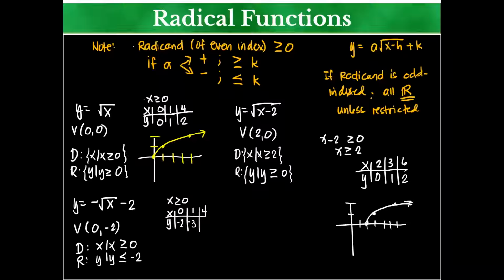So it's negative 2 minus 2 is minus 4. Therefore, for this case, it starts with negative 2. If it's 1, it's negative 3. If it's 4, it's negative 4. Yun lang siya. It starts from here.